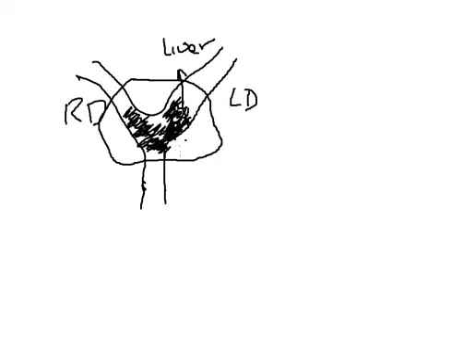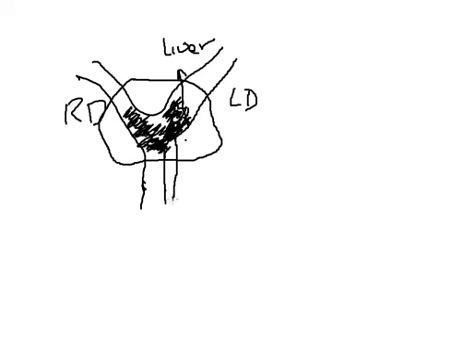So clearly the goal would be to remove this portion and then put it back together. The problem that surgeons who specialize in this type of problem deal with is that these tumors directly invade the liver in many situations, as well as some of the arterial structures below.